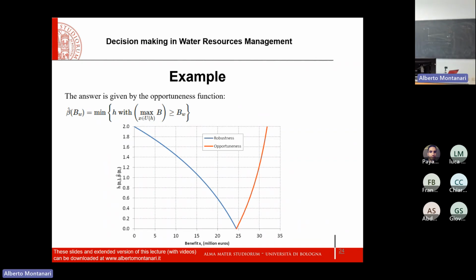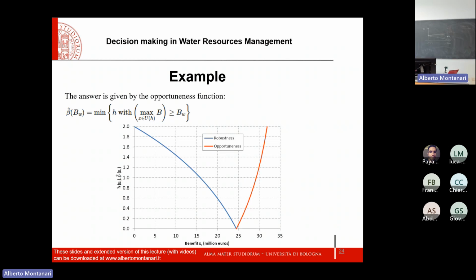The red curve, you see that it goes beyond the benefit corresponding to the best prediction. It goes beyond that because we are looking for something more. The windfall is more than what we are expecting, more than the benefit given by the best prediction. And as I go further with the benefit, as I look for more money, it gives me the minimum level of uncertainty required.